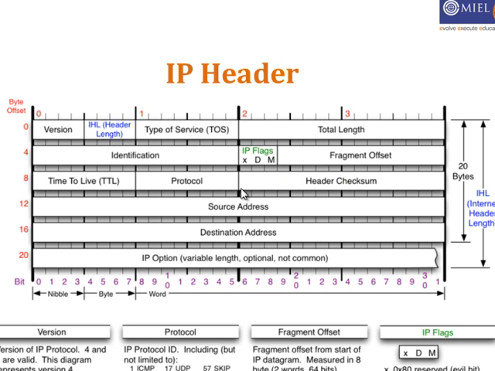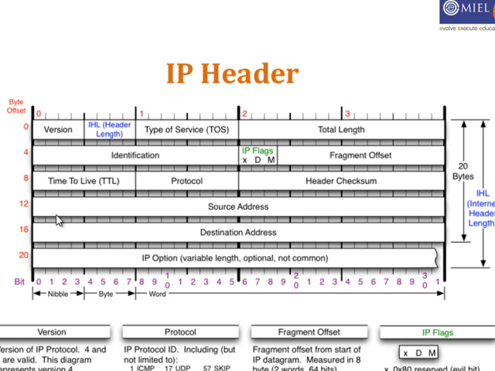Then comes the header checksum field. The header checksum field talks about error control, and it holds the checksum value of my IP header. If this checksum verification fails, then my host will simply drop the IP packet because it contains some error.